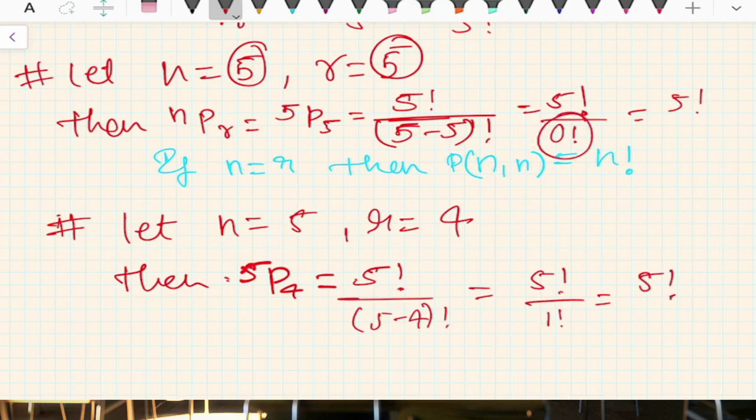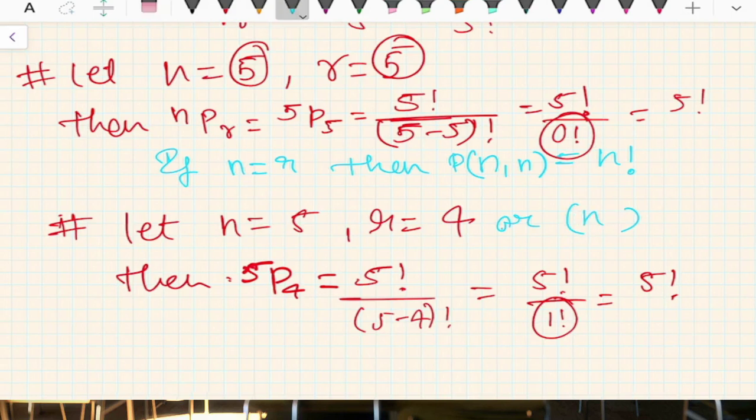Now why did I mention this? Because if you are arranging n things, or if you are arranging n minus 1 things out of n things, then you get again the same result as above. So in short, I can conclude that nPn is equal to nP(n minus 1).